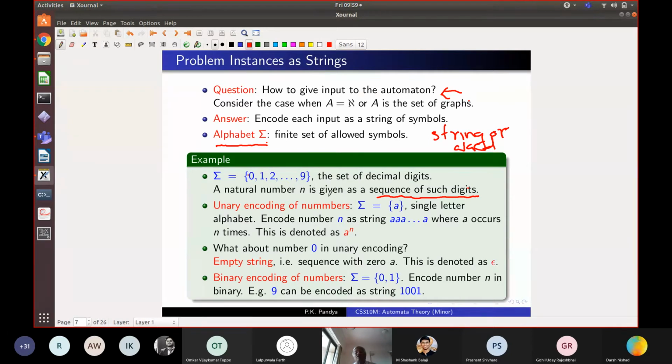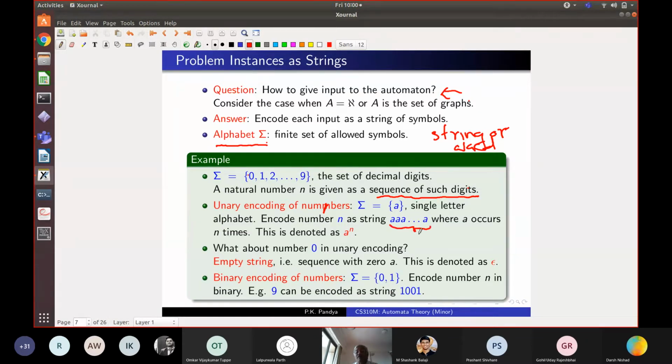Okay. But there are other ways in which we can give natural numbers. We can encode a number, sorry, spelling mistake, in unary. Suppose we have an alphabet consisting of a single letter. What that letter is does not matter. We can call it A, we can call it B, we can call it tick, whatever you like, right? And a number n can be encoded as a string of A's where there are n occurrences of A. So is the encoding of number n clear?